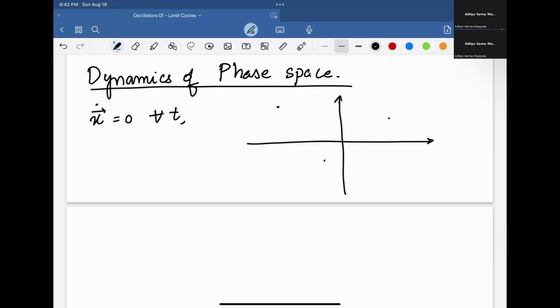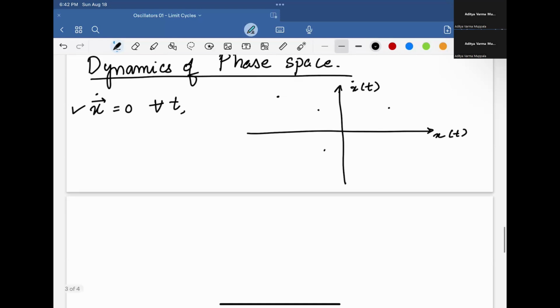Starts here, remains here, starts here, remains here, and it's completely static. So it's completely trivial, right? You can think of this phase space as a complete flat plane, and there's a ball sitting on that plane. If it's a complete flat plane, then that ball doesn't move, right? So you can think of the potential over this entire phase space as constant, right? So the potential function of this phase space, which is given by this equation, is constant. So that's a trivial example.